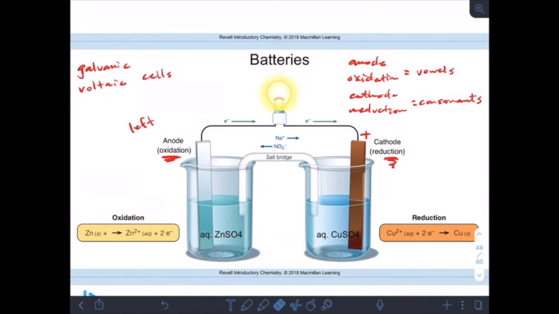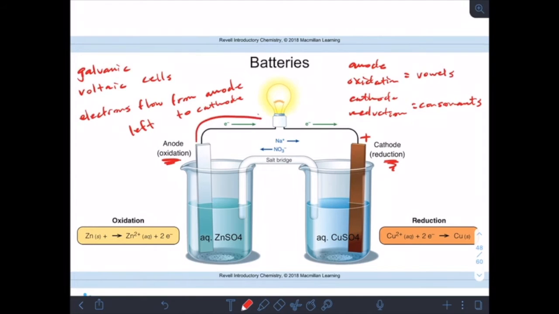Oxidation on the left, reduction on the right. And electrons will always flow from the anode to the cathode. They always go in this direction.